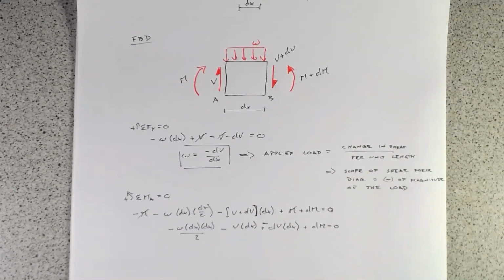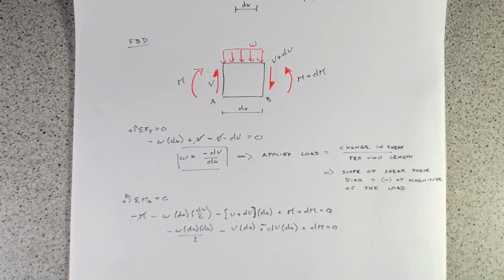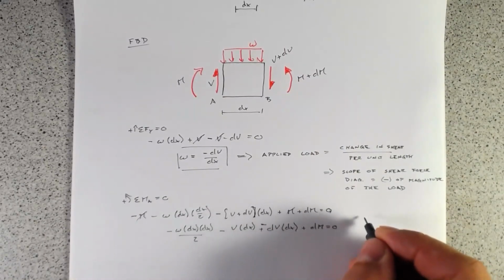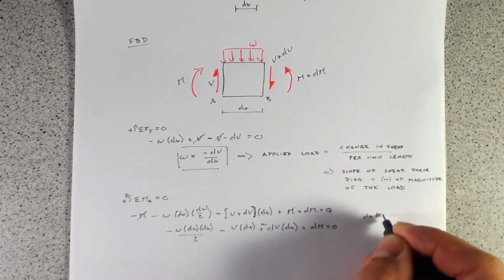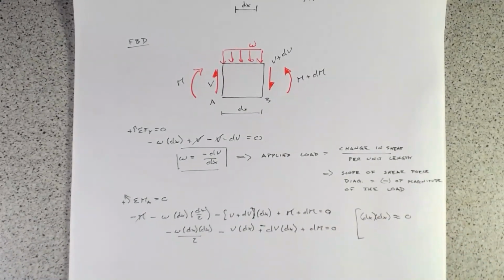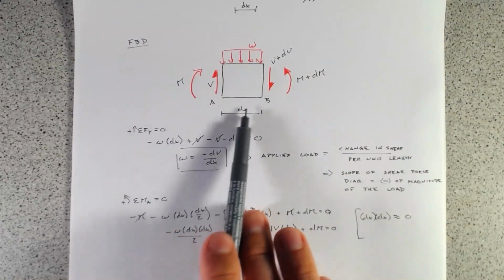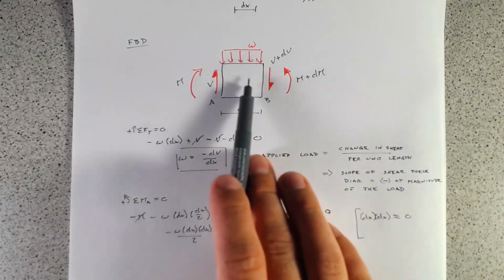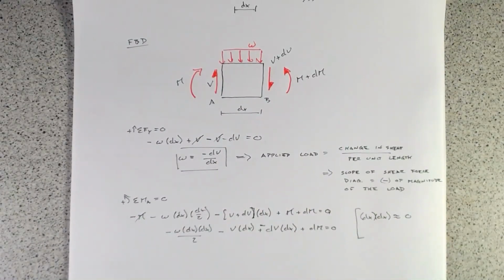Now remember, dx is a really small number, and so dx times itself is going to be an even smaller number, which means that it's going to approach 0. So dx times dx is approximately 0, which should make sense. Same thing with dV times dx: dV is a very small change, because we've only gone a very small distance, and our applied load hasn't changed that much.